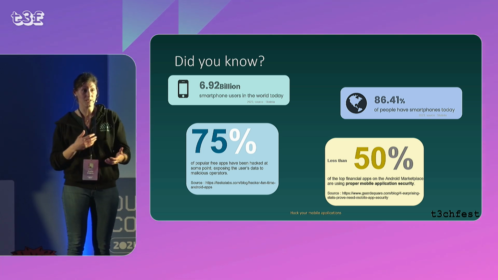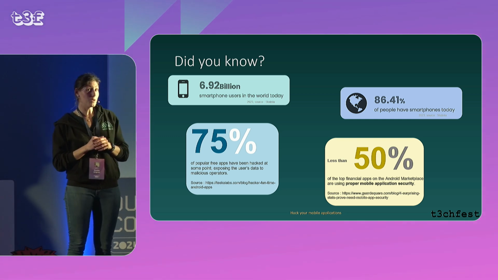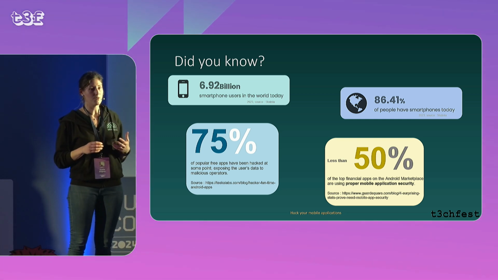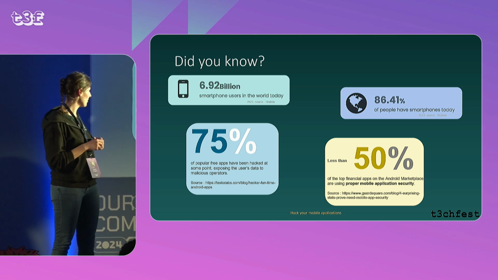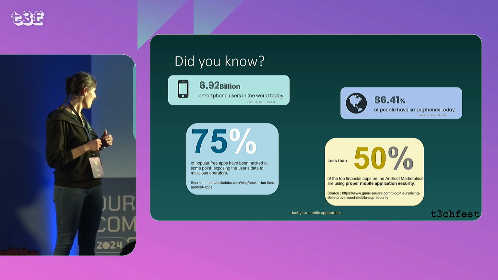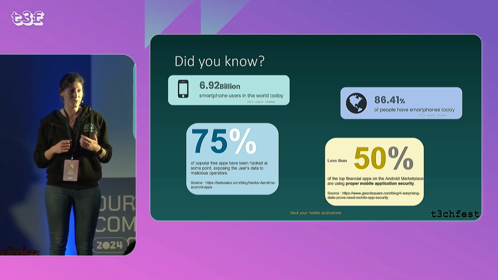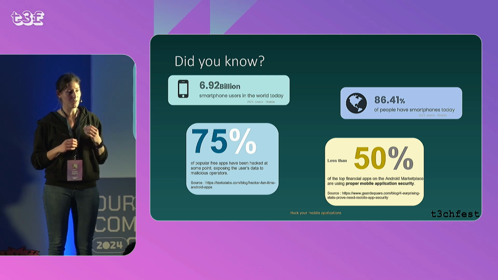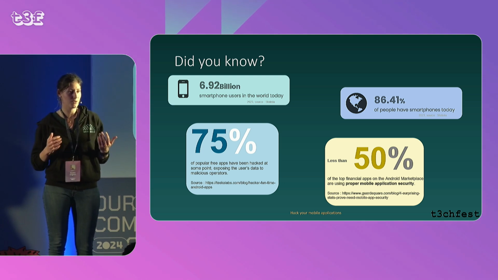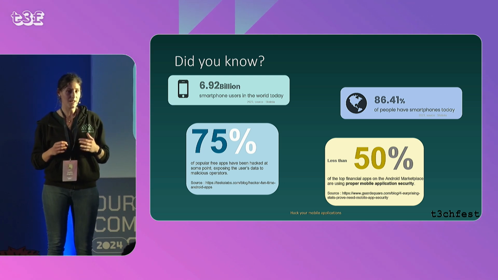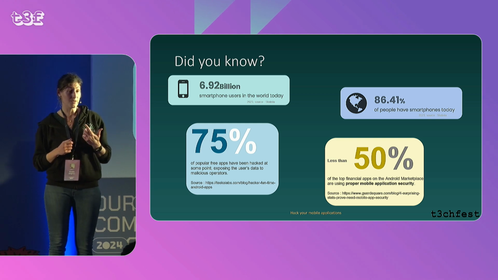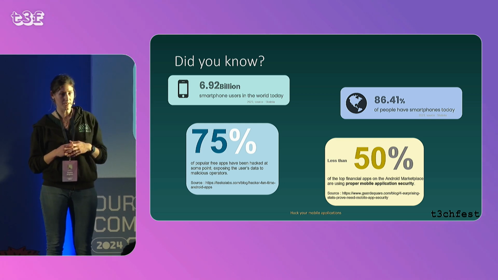A smartphone means applications. And when we talk about applications, we think everything is secure, we're in the good world, but actually not. More than 75% of very popular applications that everybody knows have all been hacked once, and sometimes there were data leaks from these attacks.